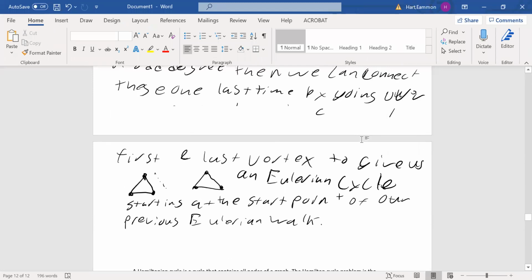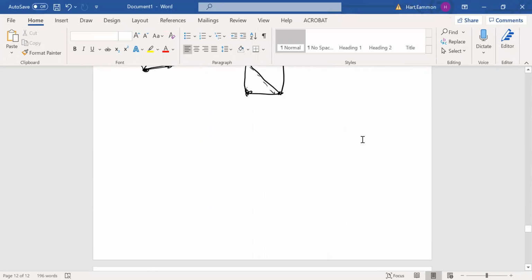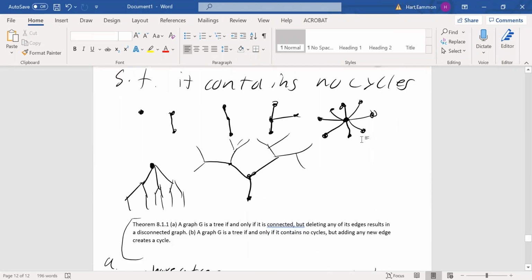So by our definition up here, we already have that it contains no cycles.